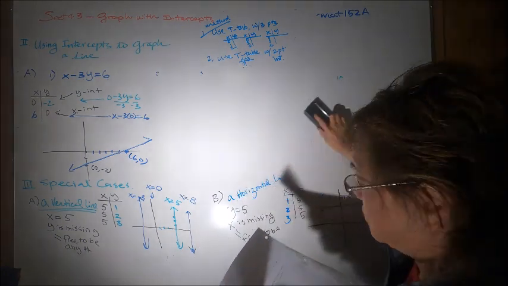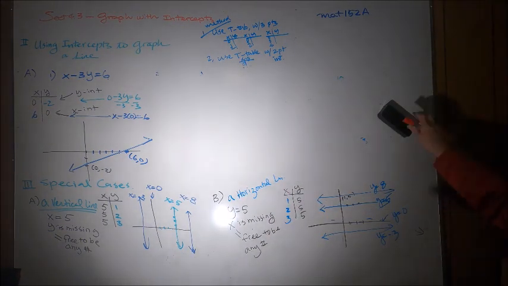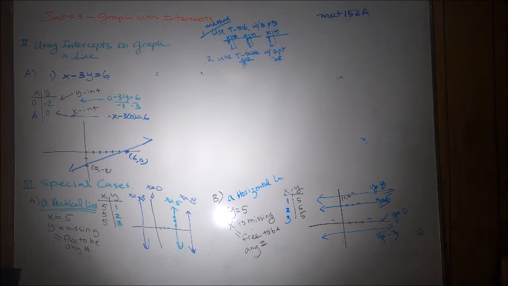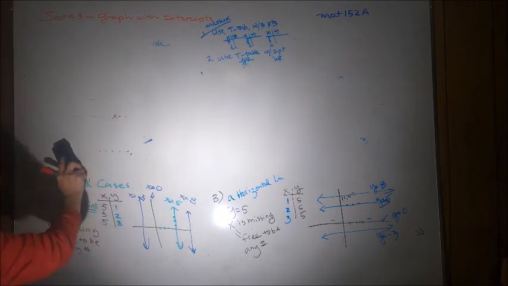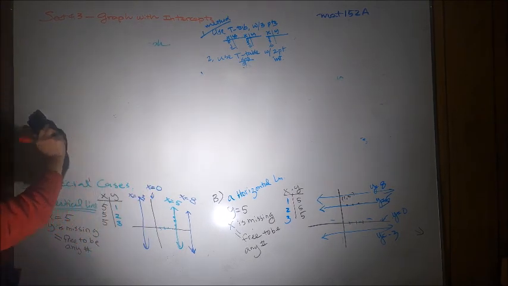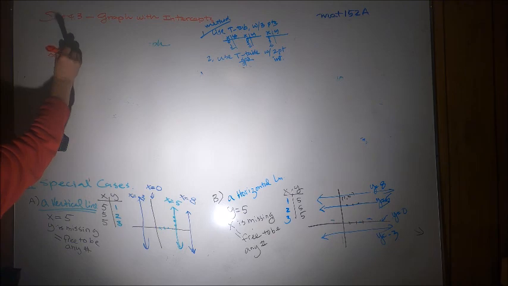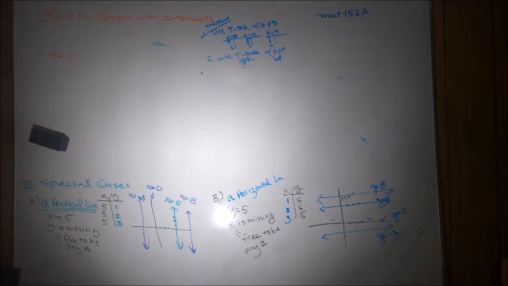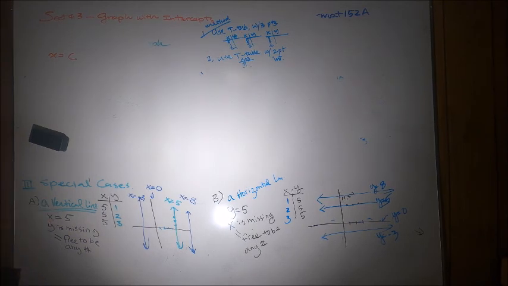So look at the next thing we are talking about, say, in general. What kind of situation would that be? If we have x equals c. C means a constant, can be any number, right? X equals some kind of number.